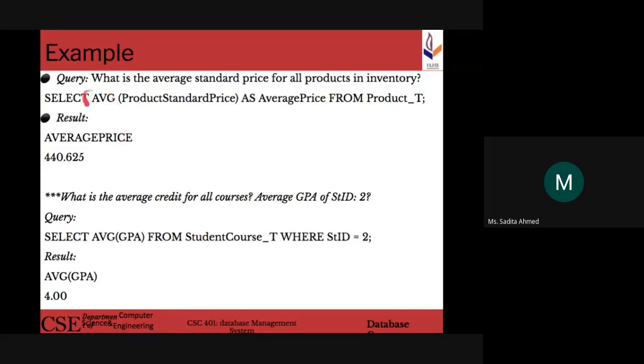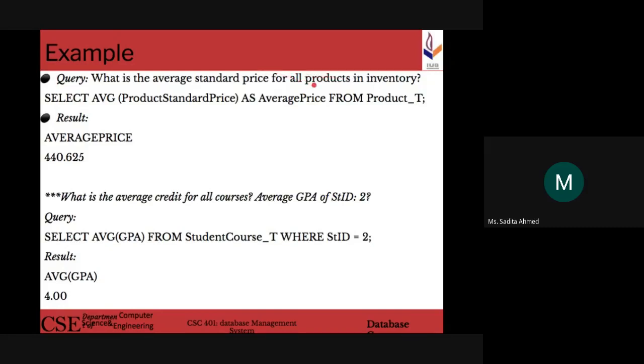For example, the AVG aggregate function, short for average. Let's say we had to calculate the average standard price for all the products. I'm talking about the PVFC database here. Remember the PVFC database, Pine Valley Furniture Company database, where we had the products, the customers, the order, the order line, and those tables.